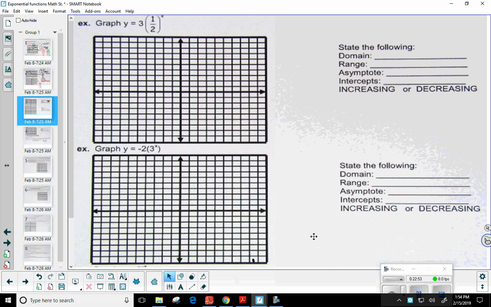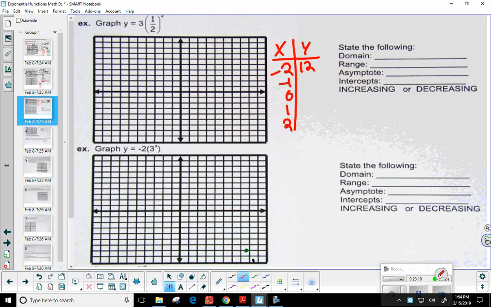So 3 times 1/2 to the x. Okay. Yeah. Everything's looking good except one thing.